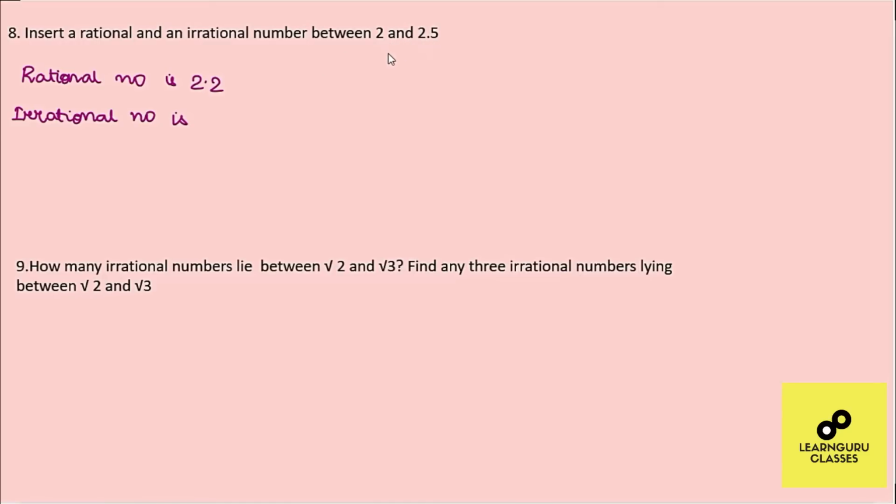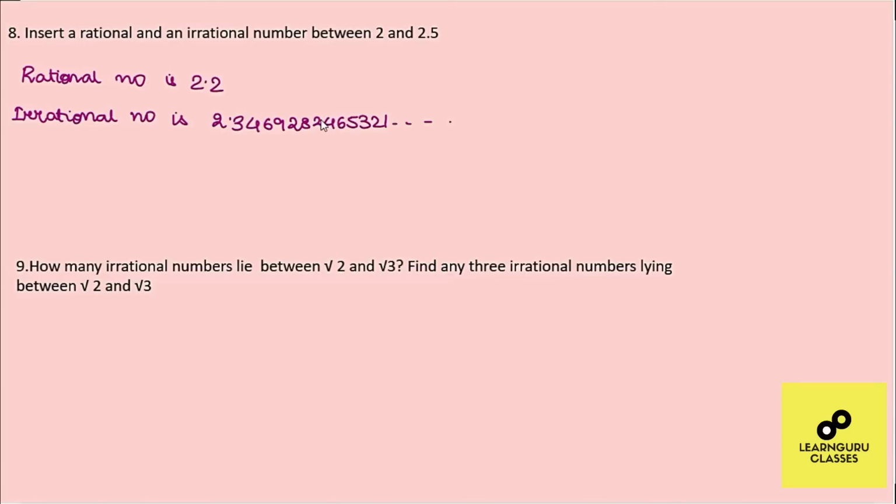Like I give 2.3469282453211. So this is a non-terminating and non-repeating decimal expansion because it is not repeating the same sequence of numbers. So it is an irrational number.